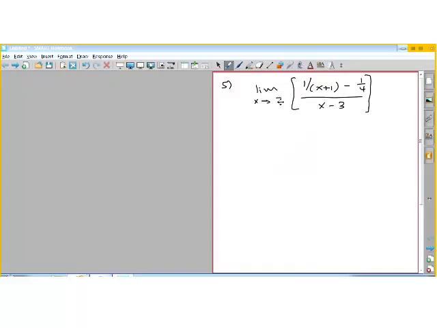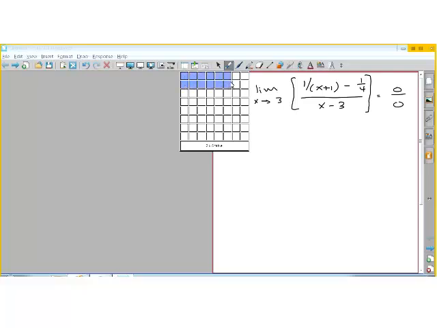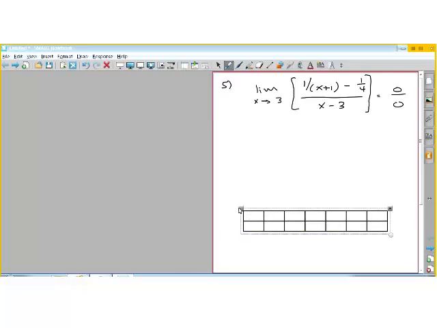If it's not indeterminate, we just plug the number in. If we stick 3 in for x, we get 1/4 minus 1/4, so the numerator goes to 0. And 3 minus 3 in the denominator is 0. So it's indeterminate.